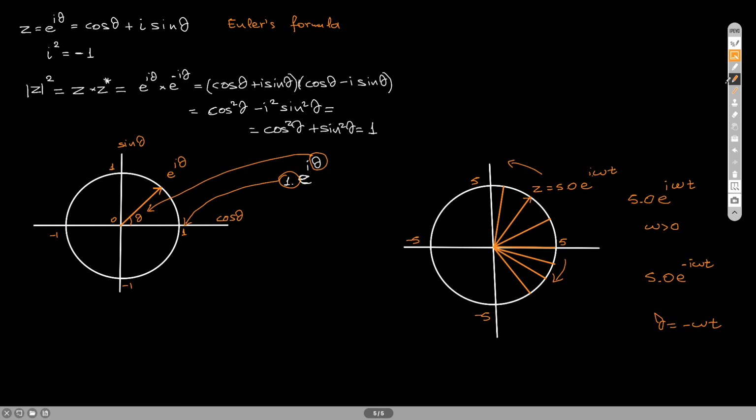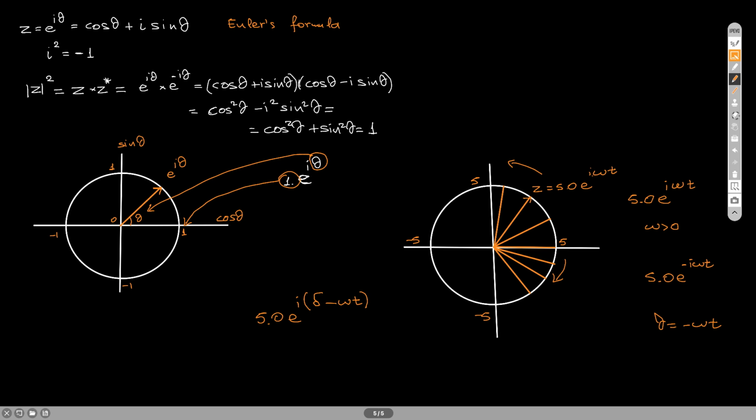And the last example I want to show you here: now I'm going to do A e to the i, delta, a constant, minus omega t. And you know what?